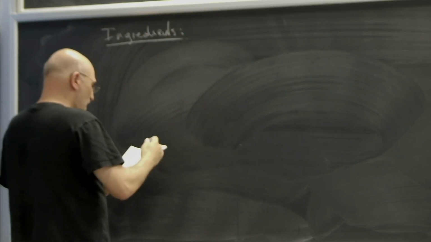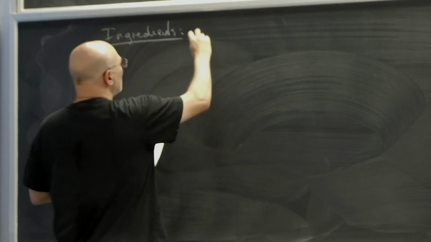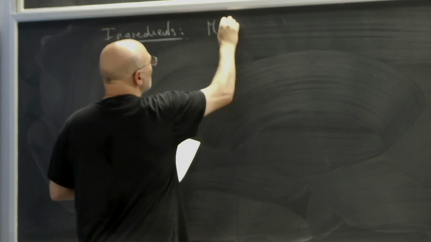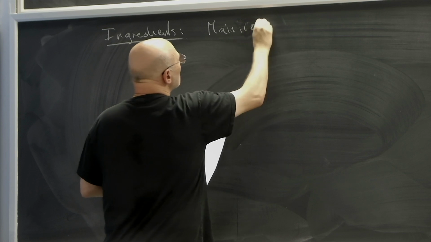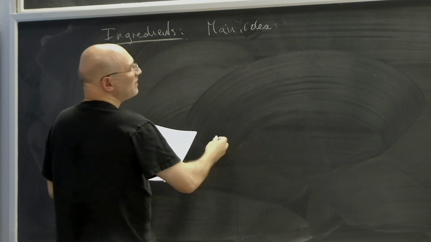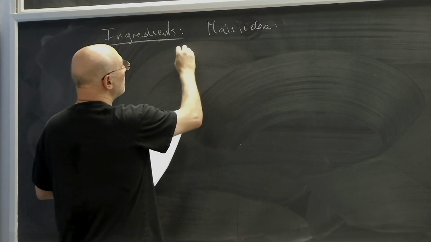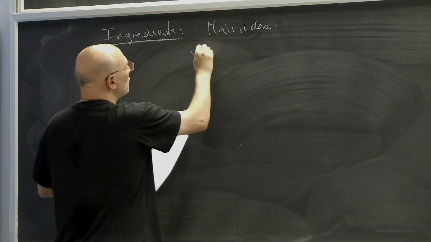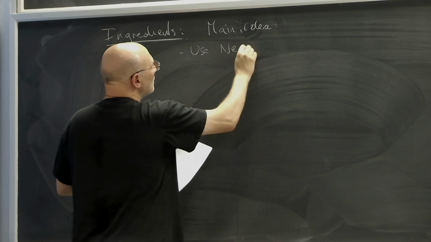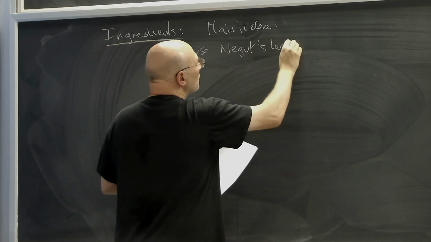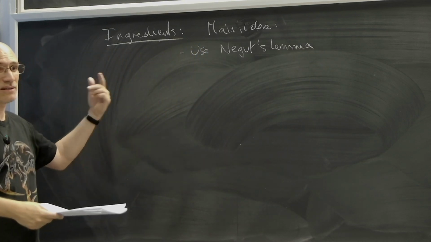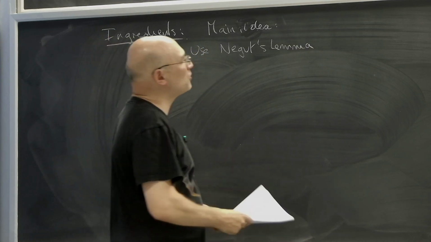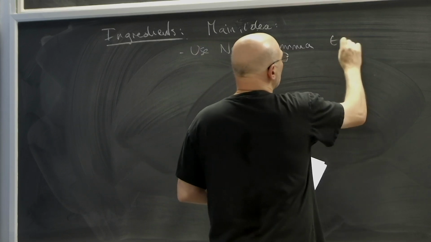So the main technique, main idea, let's say, is we use what's called Negut's lemma, which tells you how length 1 Hecke operators act on tautological classes.